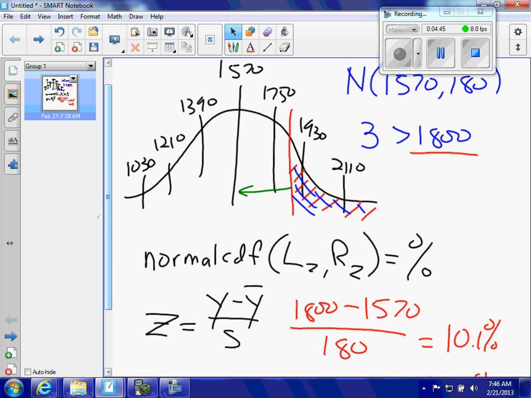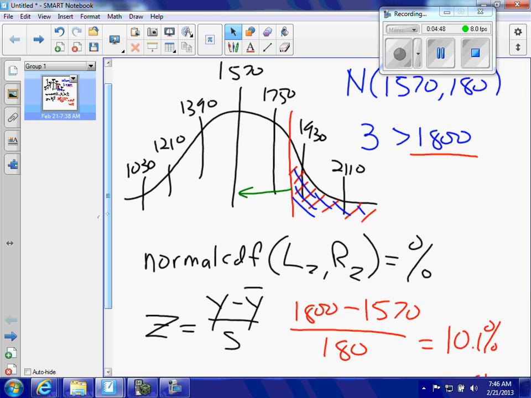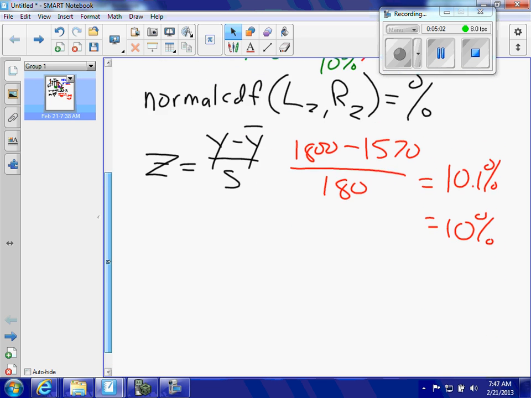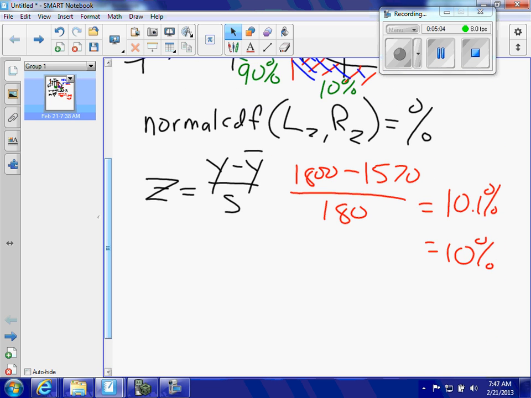If 10% are going to have SAT scores above 1800, that means that 90% are going to have scores less. So I have 10% greater than and 90% less than. That lends itself really nicely to a random model where I want to use the random numbers 1 through 10.